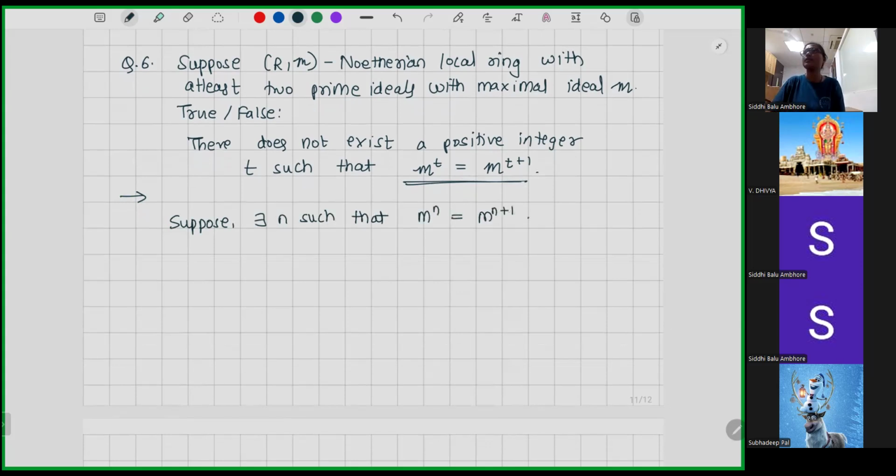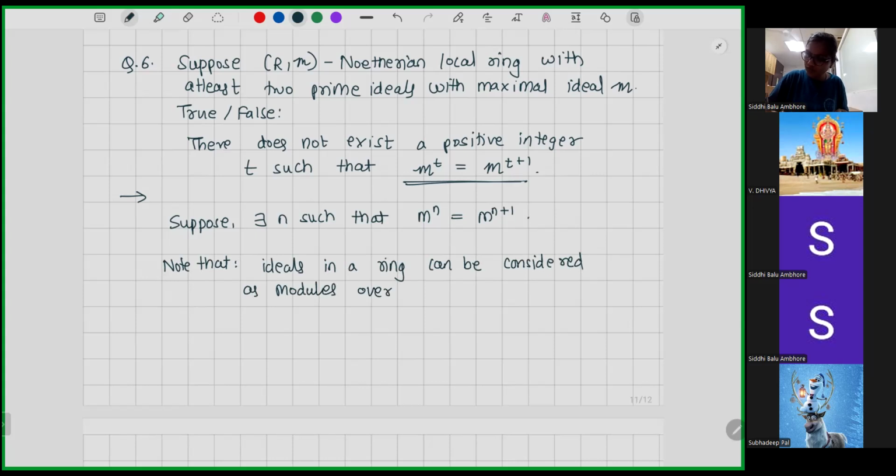But note that ideals in a ring can be considered as modules over that ring. Is there any doubt? Ideals are always modules over that ring.